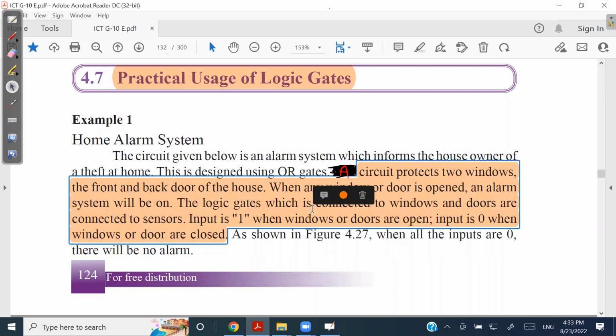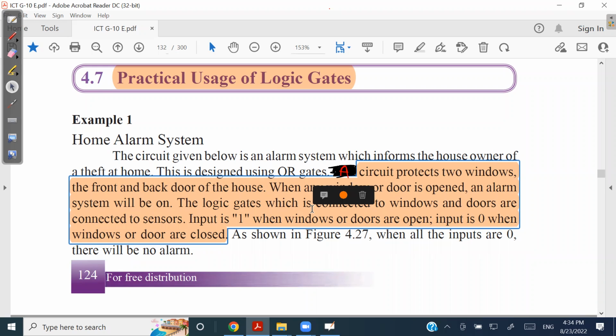On state of the alarm will be considered as 1, and 1 means the numerical 1 you have to write, like it says input is 1.